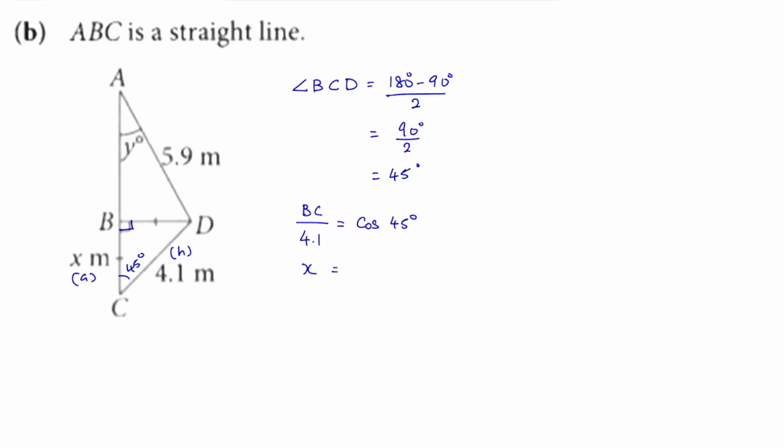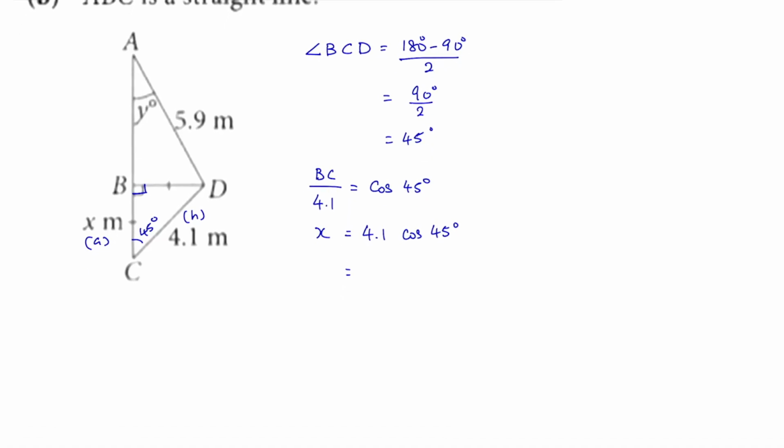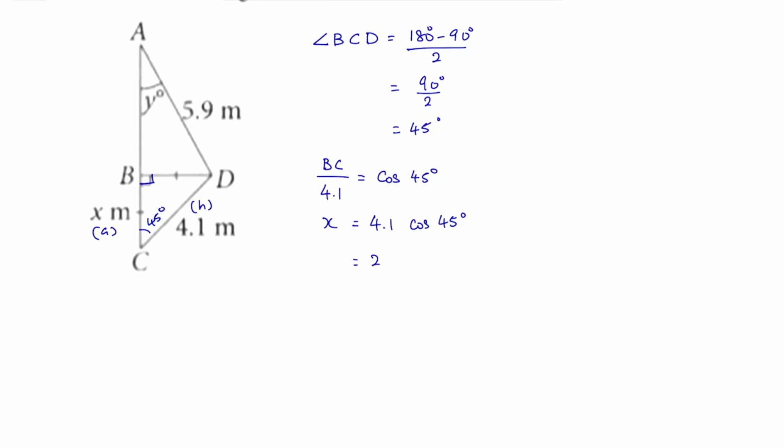So x meters equals 4.1 cosine 45 degrees equals 2.903 to 3 SF.